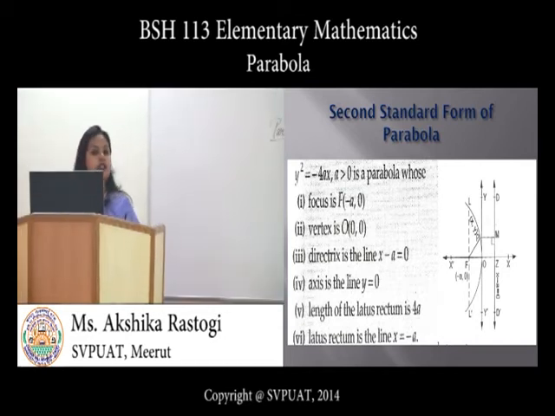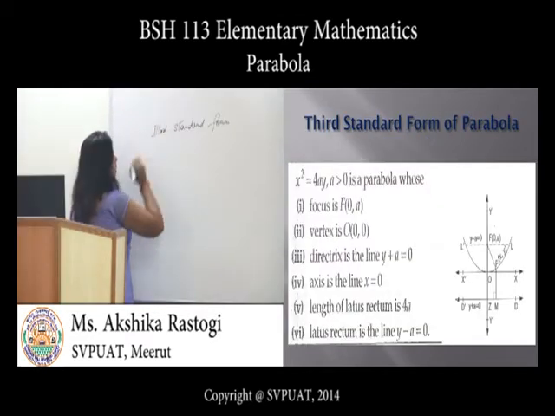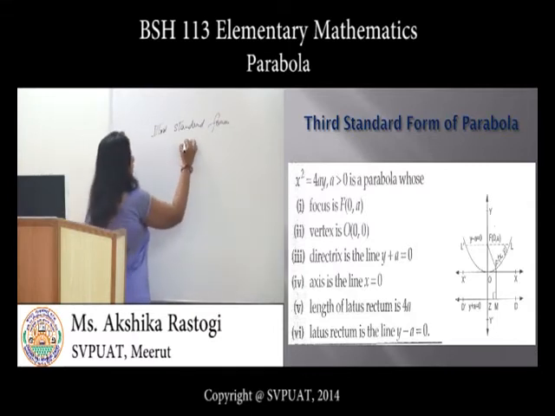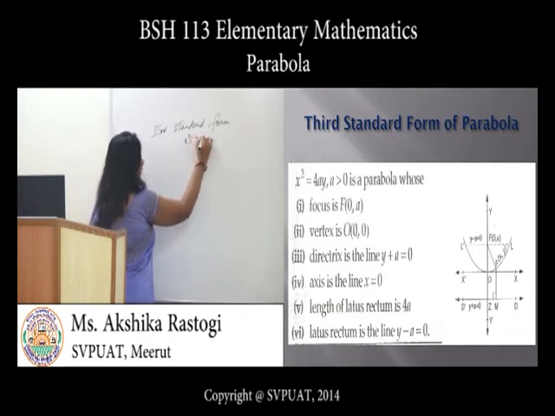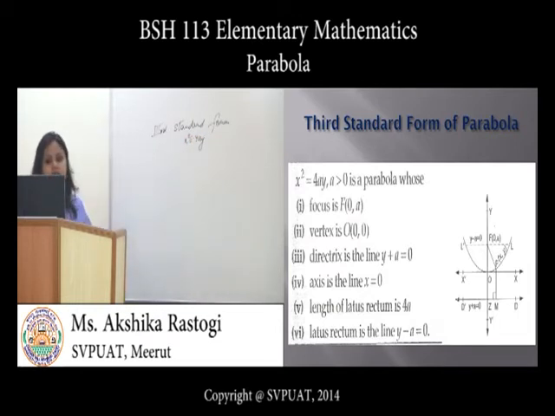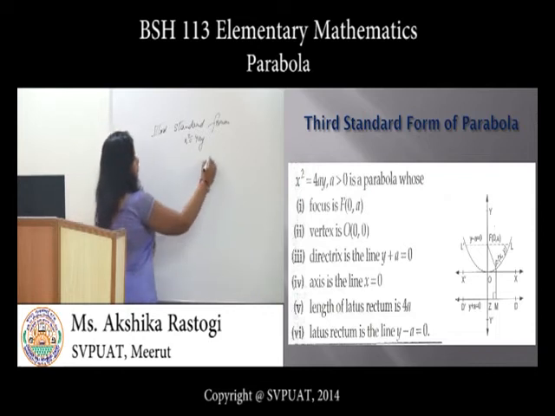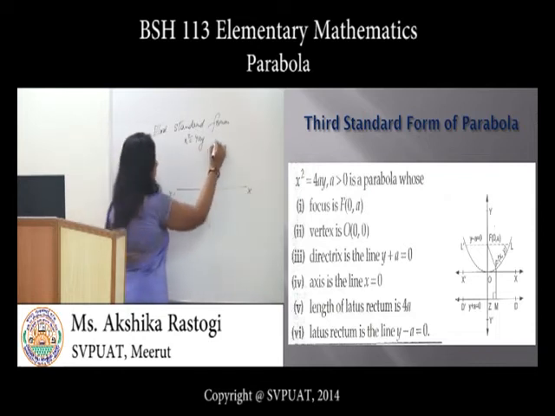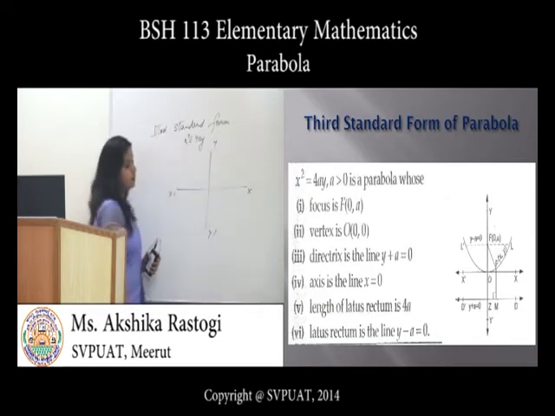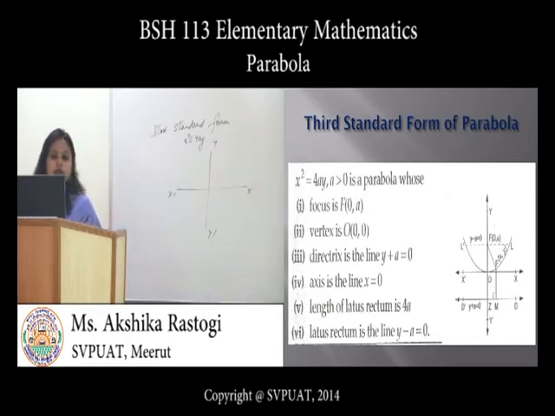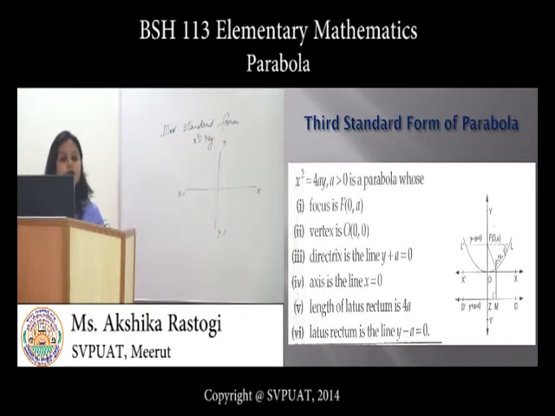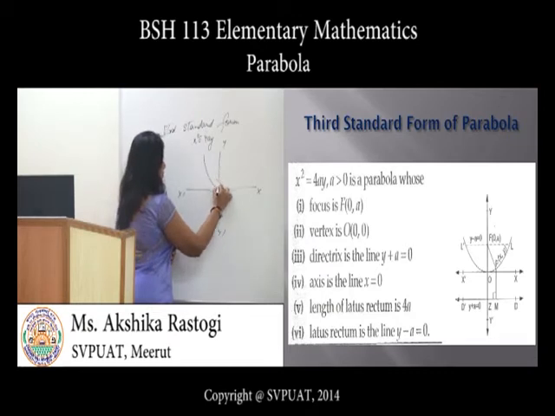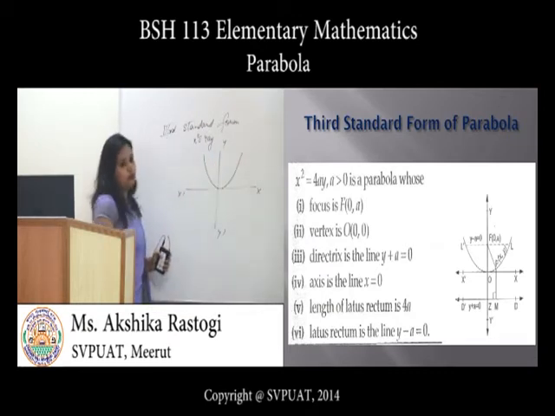Now we move toward the third standard form of the parabola. Third standard form of the parabola, we have x square equals to 4ay. First of all, we draw axis y dash. Now x square equals to 4ay, we call it an upward parabola.